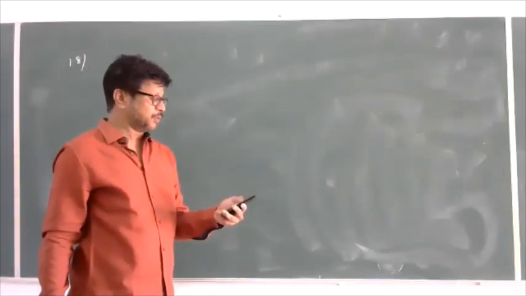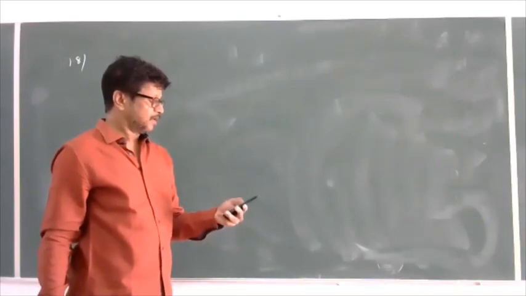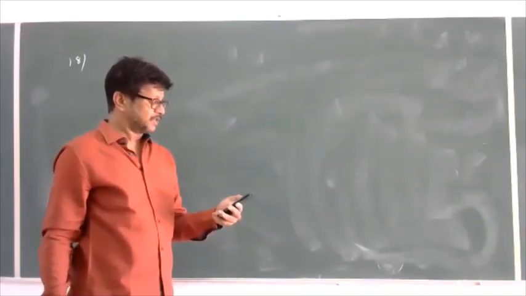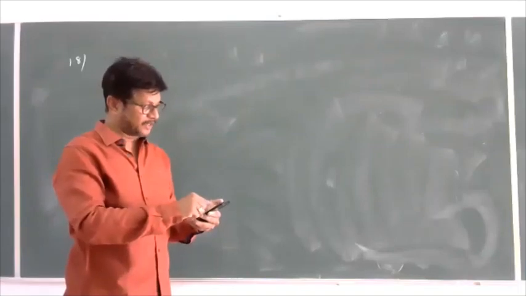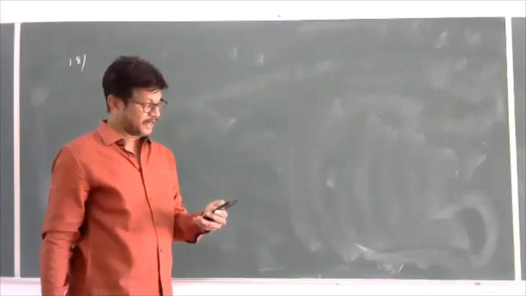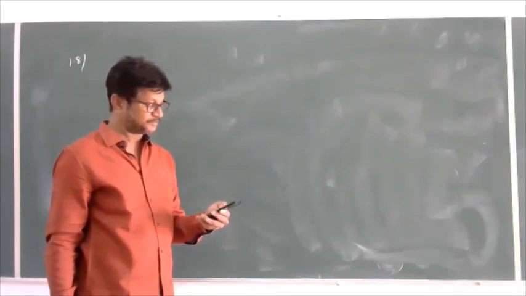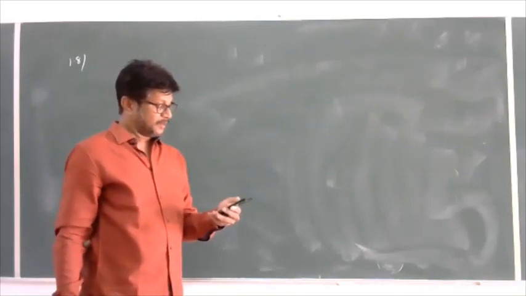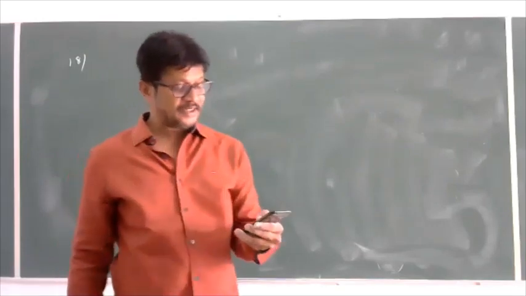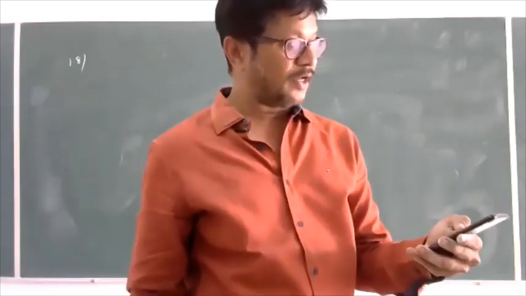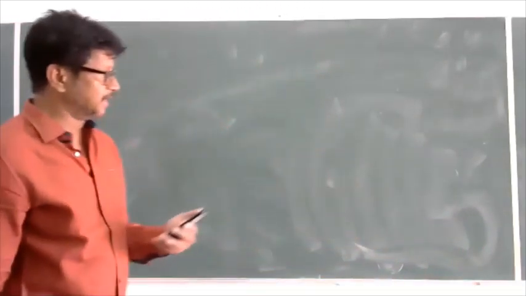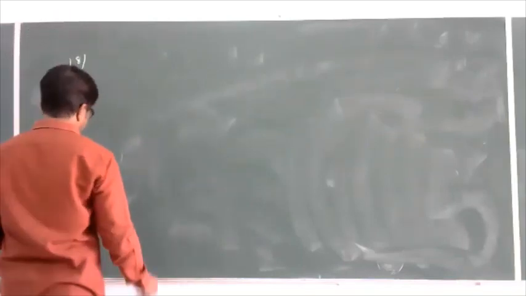Two point charges QA and QB are located 20 centimeter apart in vacuum. What is the electric field at the midpoint O of the line AB joining the two charges?